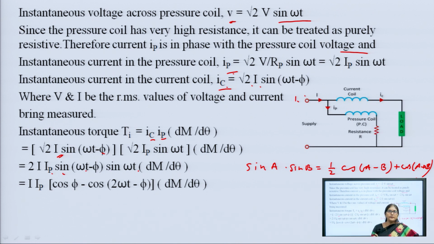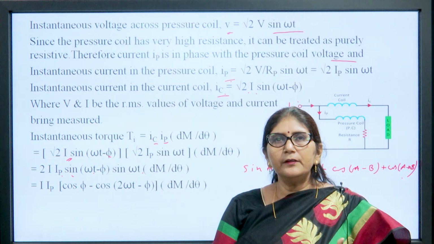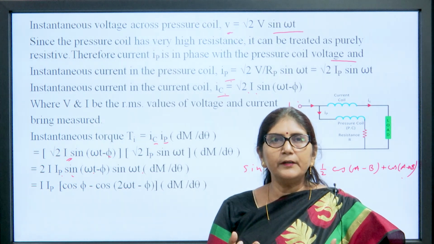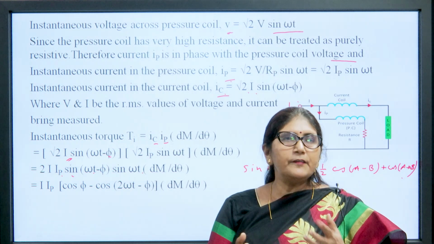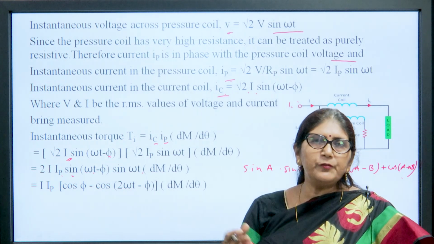In AC, since the value is changing continuously, we are not interested in the instantaneous torque. We are interested in the power measured over a certain time period. So, we can measure the average power of this AC signal, because the AC signal keeps changing.